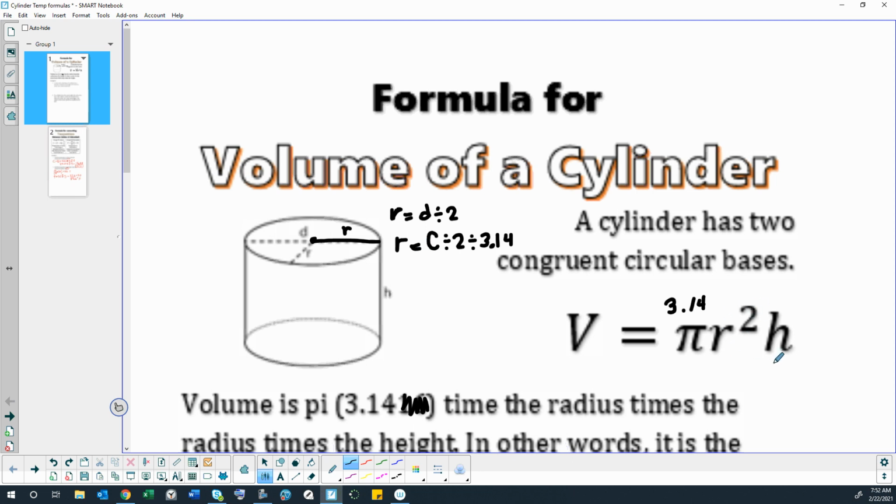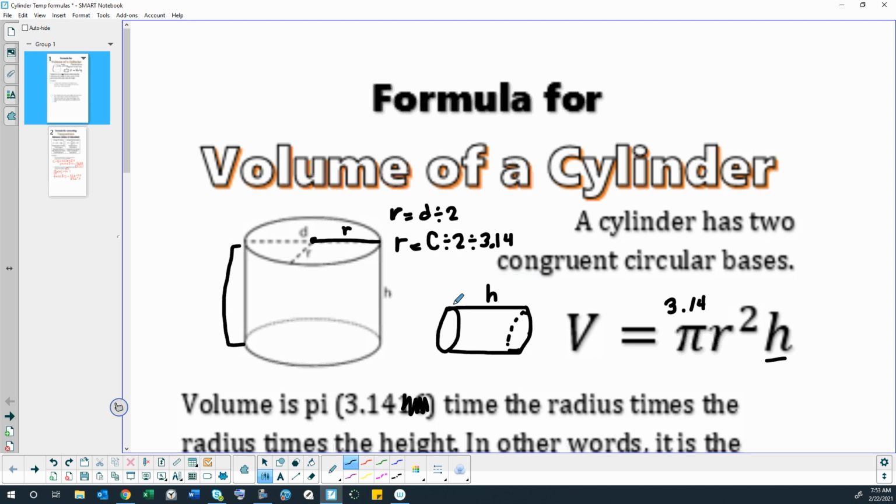And then the very last part we have in our formula here is h, which is height. So cylinders have this three-dimensional aspect to them, which means it's not just a circle, it's a circle with height. So there's the height of our cylinder, right? So even if a cylinder was turned sideways, we would still call the distance between the 2 circles the height.